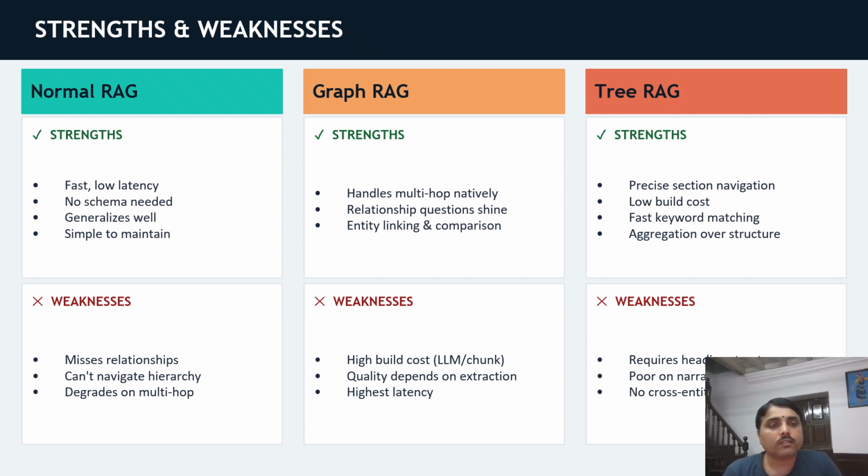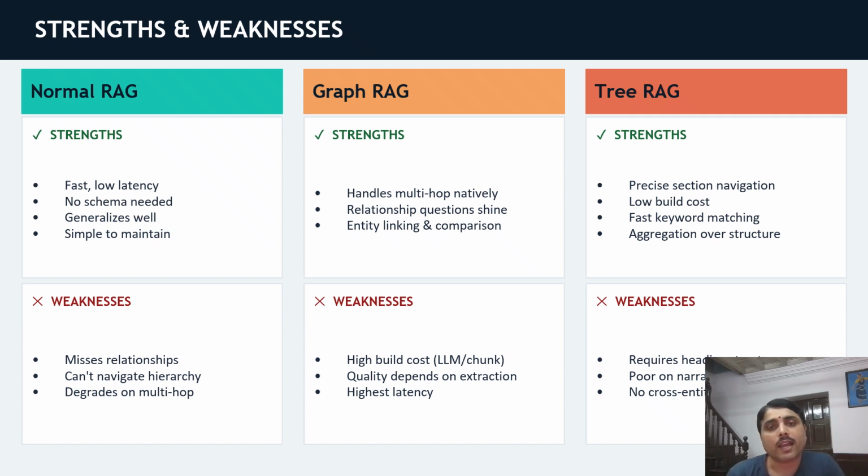Vector RAG is the workhorse, fast, cheap, and surprisingly accurate for well-scoped factual questions. Its Achilles heel is multi-hop reasoning. It can retrieve the right passage about password policy and the right passage about incident response, but it cannot connect them on its own.